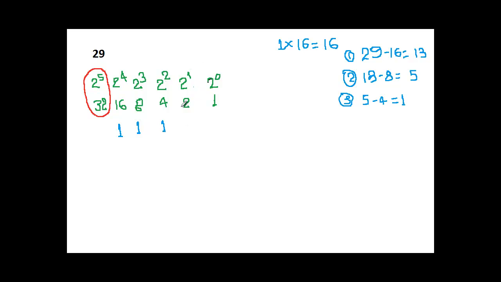So this place has no use for our purpose. This 2 should not be included in my number. So I will place a 0 here. Why? Because this place value exceeds what needs to be represented now.